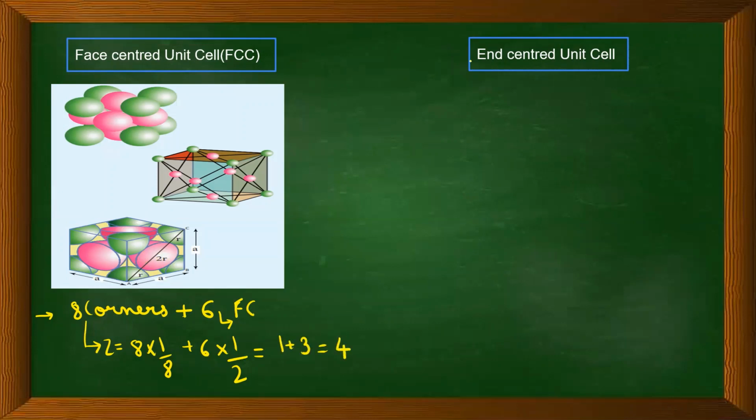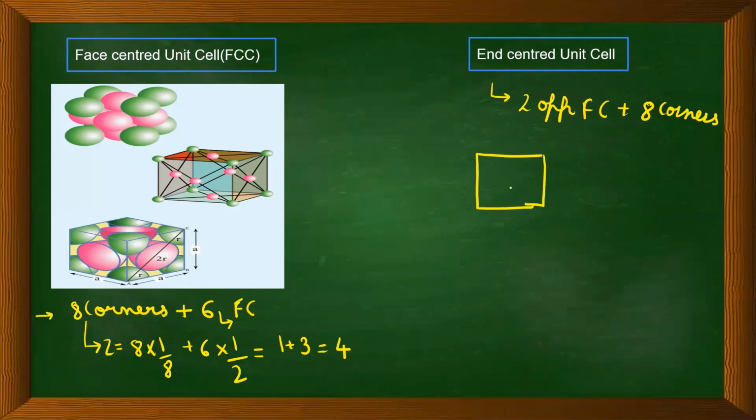Now end centered unit cell. End centered unit cell में हमें पता है कि इसमें क्या होता है, सिर्फ 2 opposite faces में particles present होते हैं face center और 8 corners पे present होते हैं. इसको हम ऐसे draw कर सकते हैं.